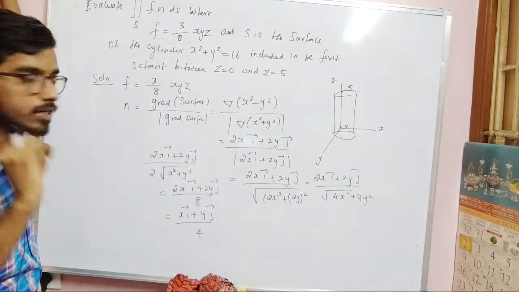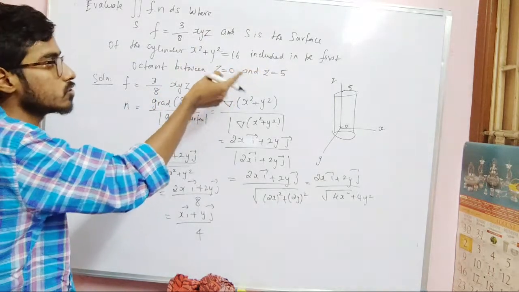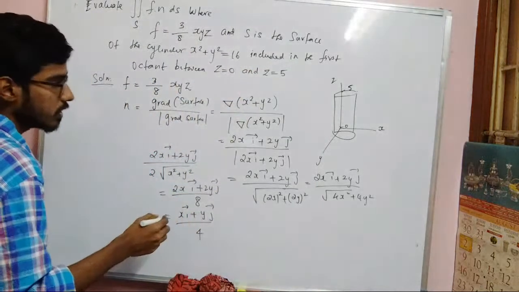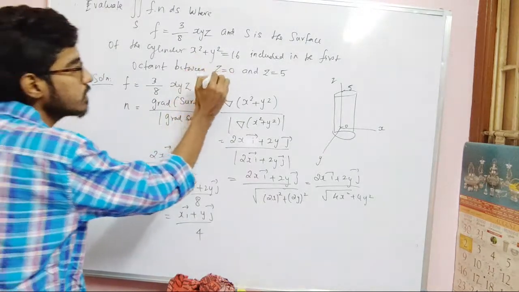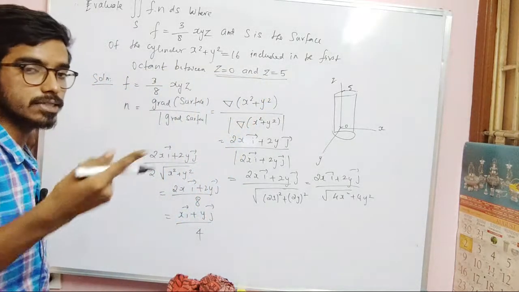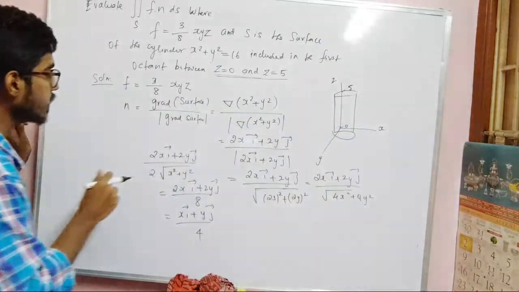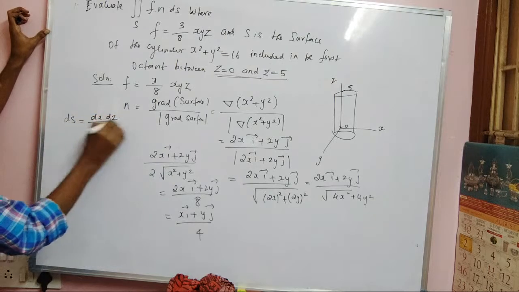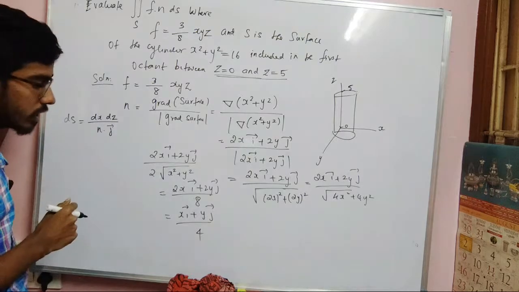You can choose dx or dy either, but since they have given the z limit, we will fix dz as one term. I am going to choose dx and dz. So our ds is dx dz divided by n dot j, because I have missed y.